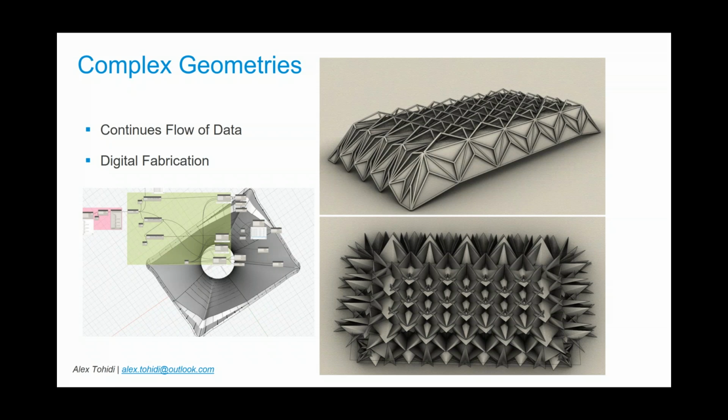But what is interesting about this type of geometry is that it would need a continuous flow of data if you're ever going to build them, because every piece would be different. If you want to go down the path of digital fabrication, you always have to consider that this type of workflow is a continuous flow of data. Otherwise, you can't really model this stuff.